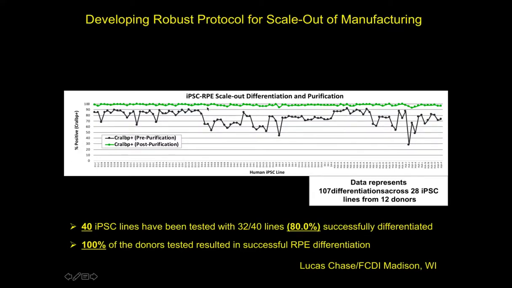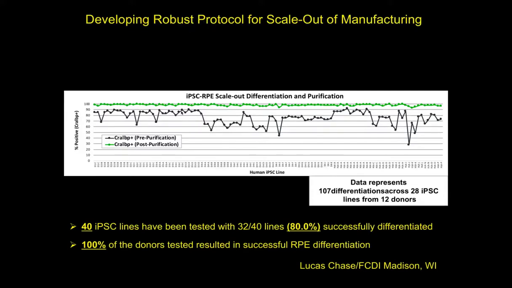But after the enrichment step, we go all the way to almost 99% purity in pretty much every single case. I should say that more than 80% of the iPS cell lines we tested were successful in this process, and 100% of the donors that we tested resulted in successful RPE differentiation. So we are fairly confident that as we move into the clinic, we will be able to make robust RPE cells from every single patient that we enroll in our clinical trial.